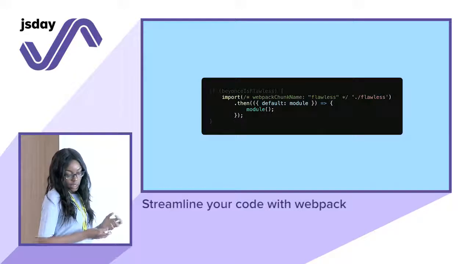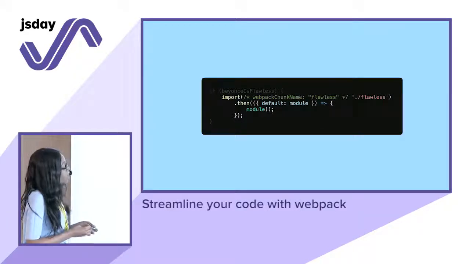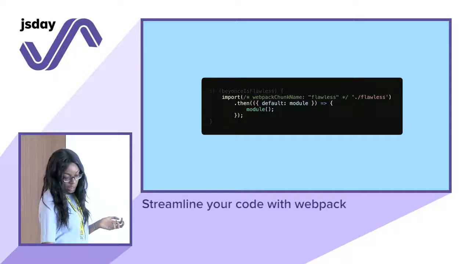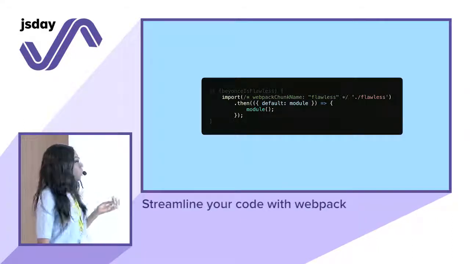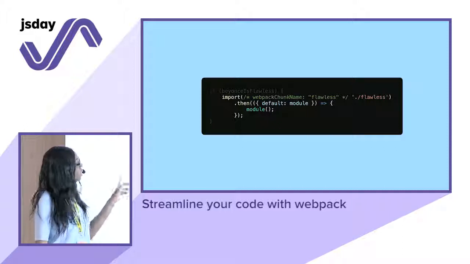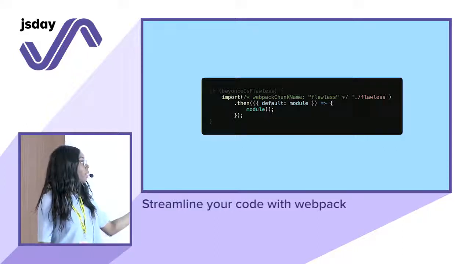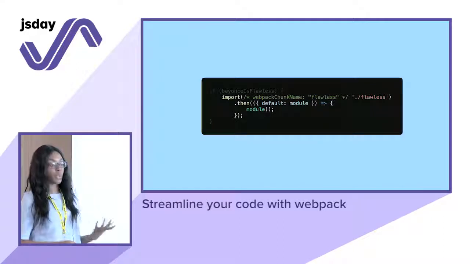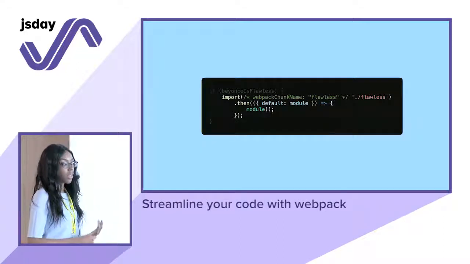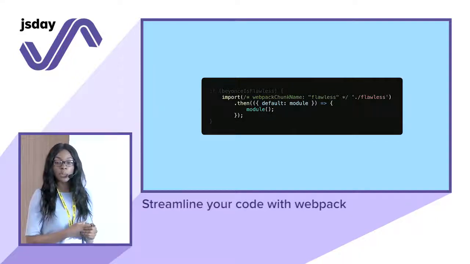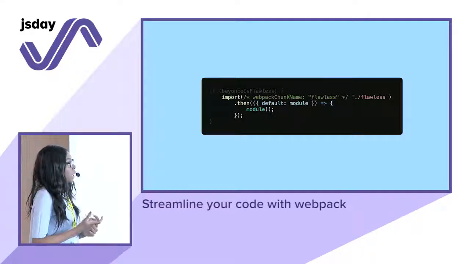So it makes a separate bundle for your flawless code, and then when you request it, it will go and request that bundle. Although the webpackChunkName is optional, if you don't give it, it'll give it a random name. So you want to give it a name to help with debugging so you can find the code later, and also to help with caching, because otherwise the name will keep changing when it gets built, and then that name will keep being invalidated.